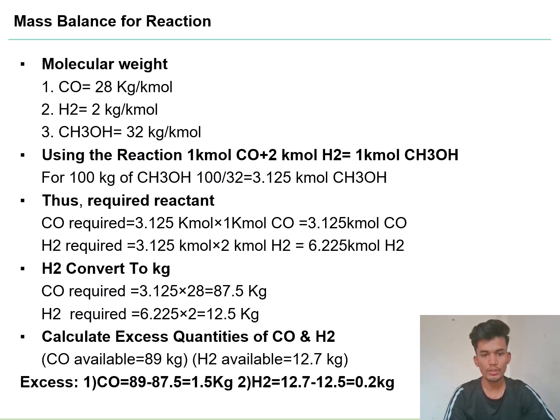So total converted to kg, carbon monoxide required is 87.5 kg as we have calculated, and hydrogen gas is 12.5 kg. So the excess amount, the gas which is unreacted, is 1.5 kg of carbon monoxide and 0.2 kg of hydrogen gas.